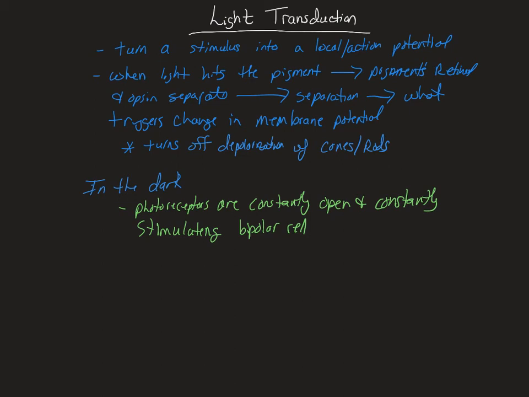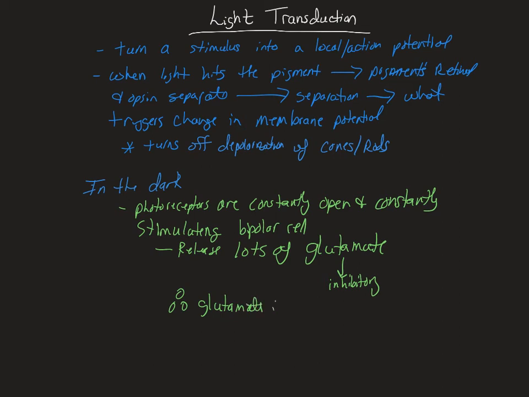By doing this, they're going to release lots of glutamate. And remember, glutamate is a neurotransmitter that is inhibitory, all right? Therefore, glutamate inhibits the bipolar cell.